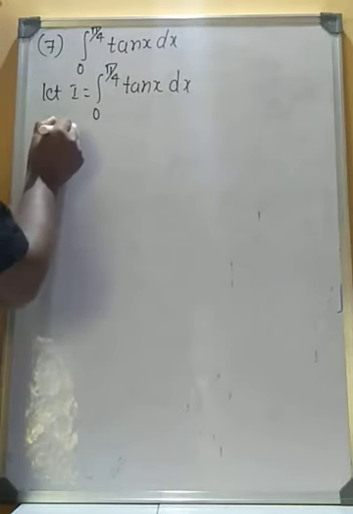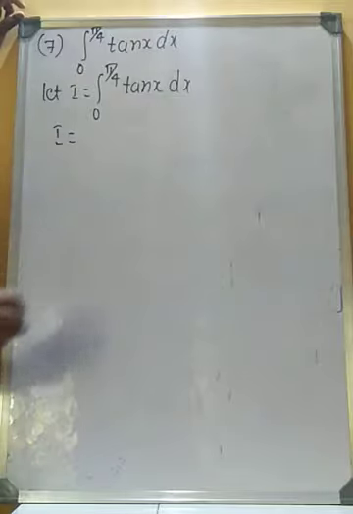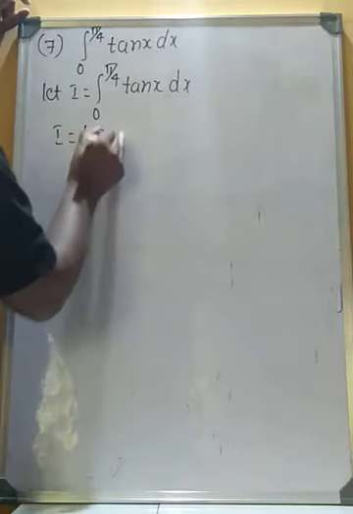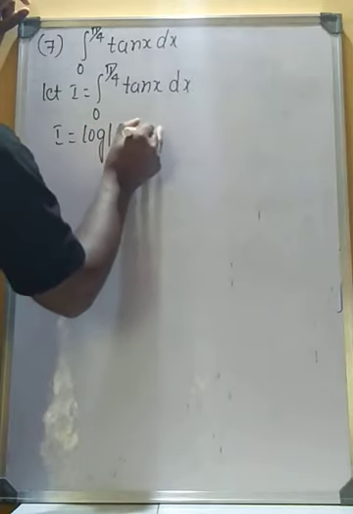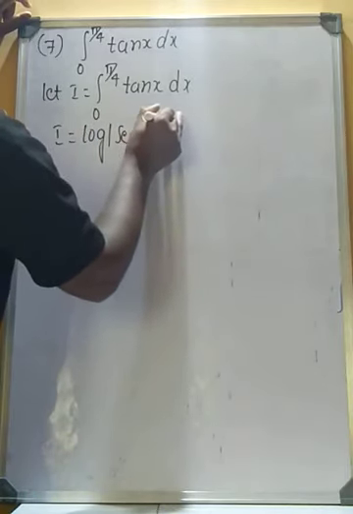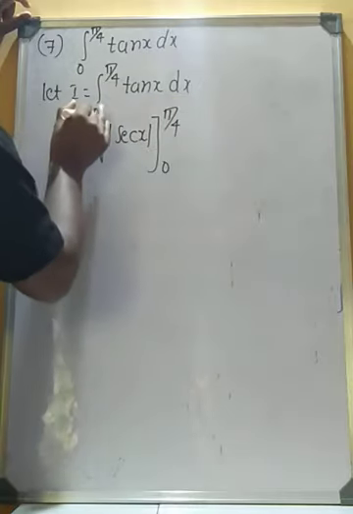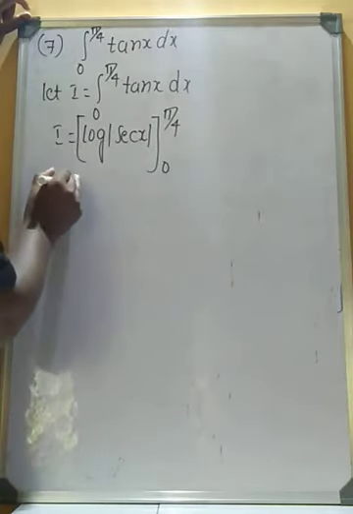Therefore, I equals integral of tan x is log of mod secant x. Upper limit is pi by 4, lower limit is 0.